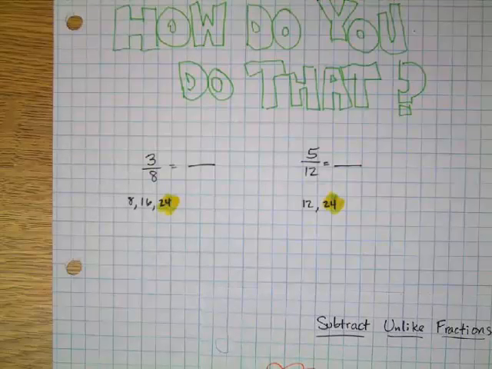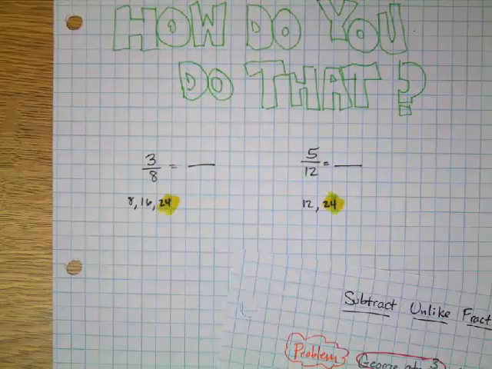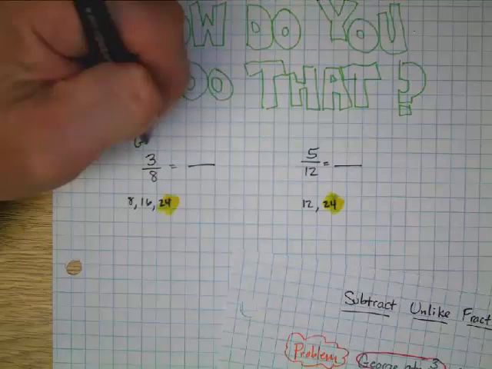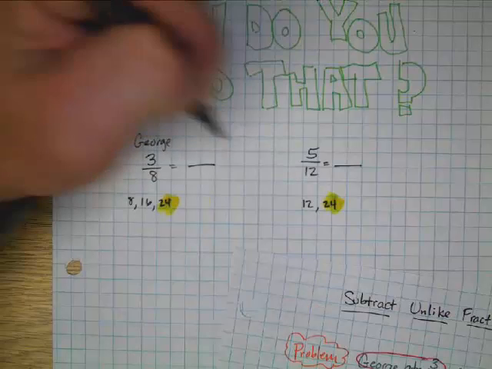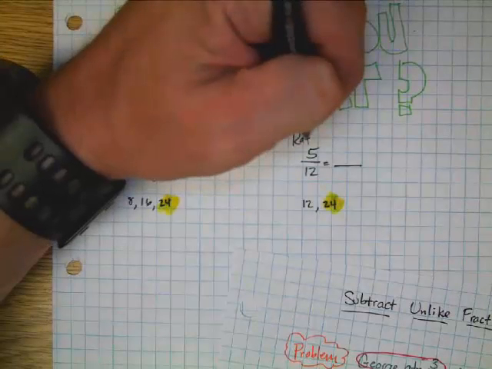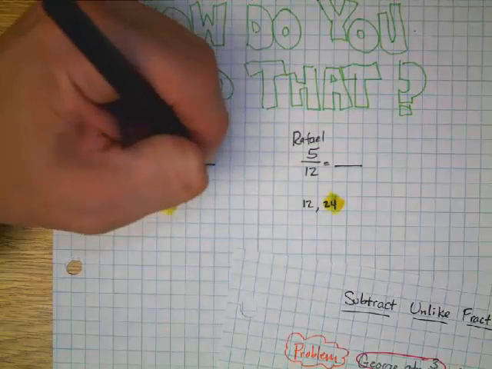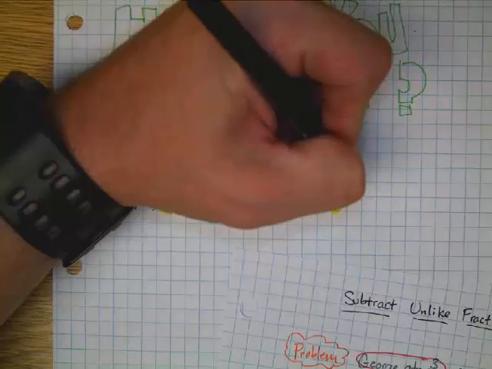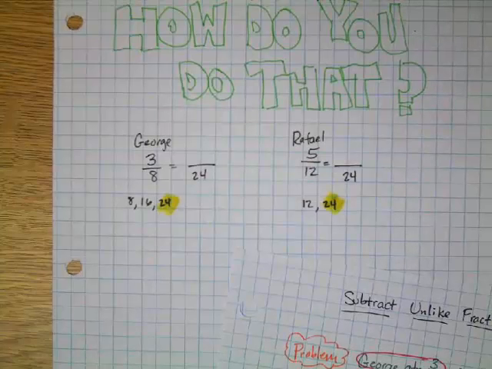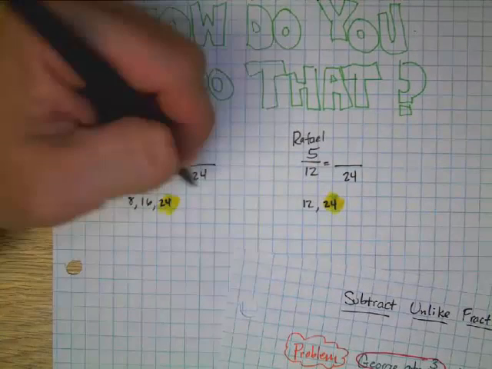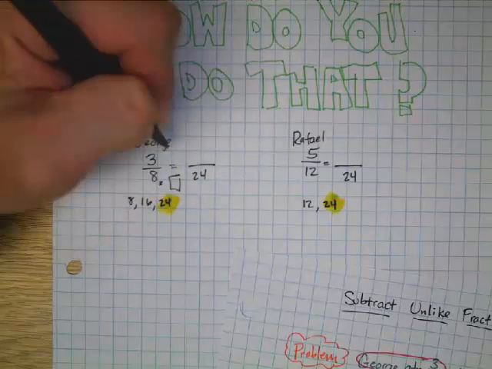So, again, I'm going to go back and label my work. In the original problem, George had 3/8 of a pizza. Raphael had 5/12. Now, I'm going to say, well, 8ths can become 24ths, and 12ths can become 24ths. What do we do now? Well, 8 times what number is going to give me 24?